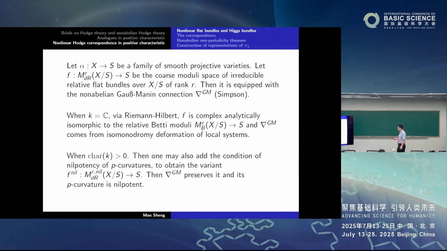The second example of nonlinear objects comes from the non-abelian Hodge moduli space. Say you have a family of smooth projective varieties.